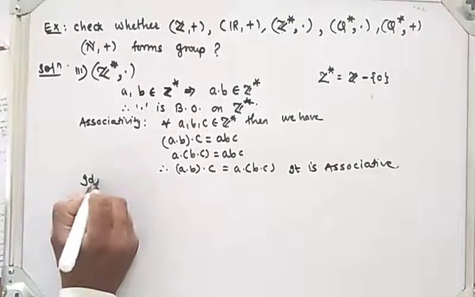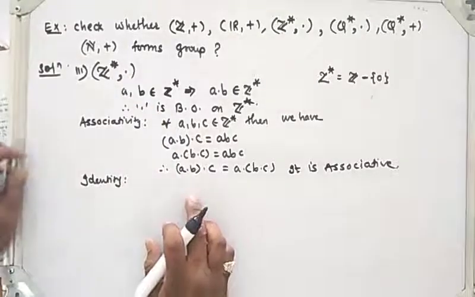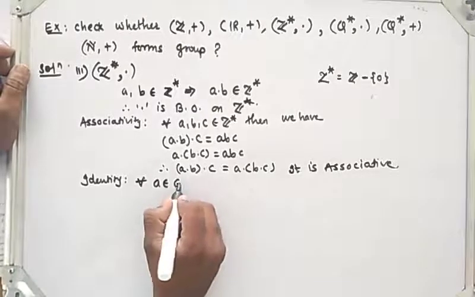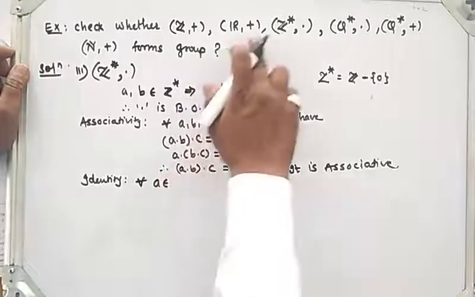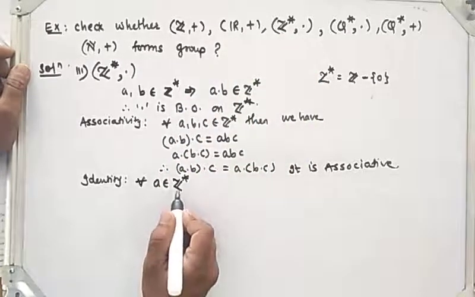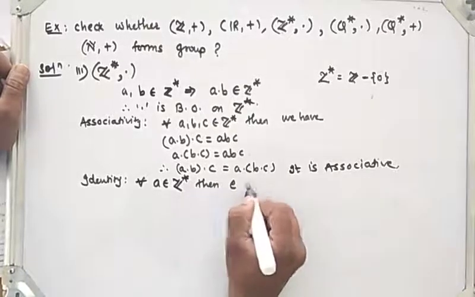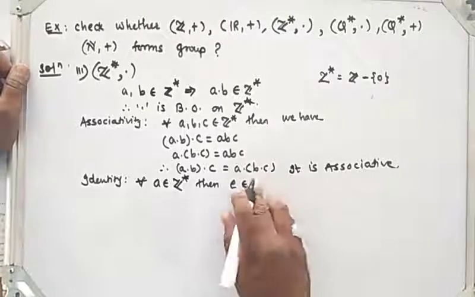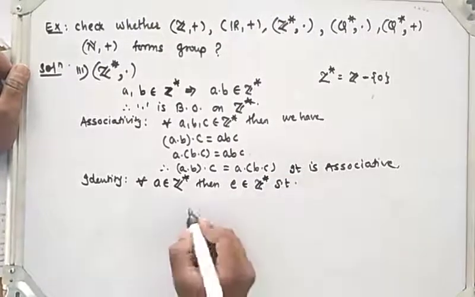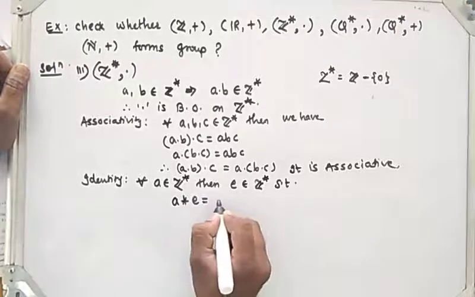Now the existence of identity. Here the operation is multiplication, right? By the definition, for all a belonging to G, which here is Z star, the non-zero integers, there exists e belonging to Z star such that a star e is equal to a.